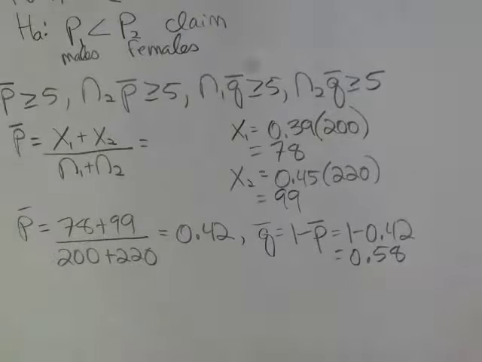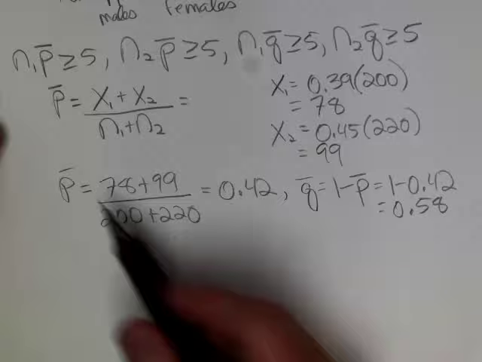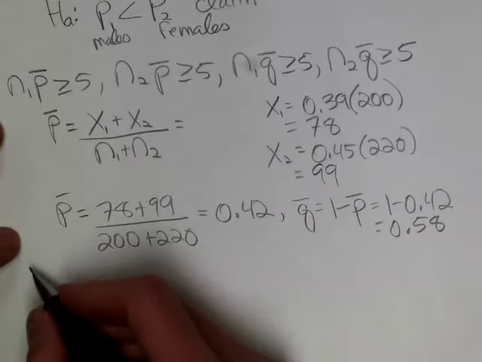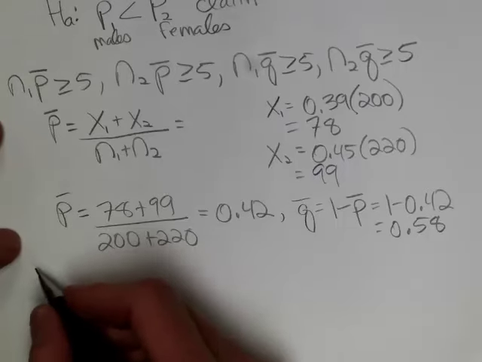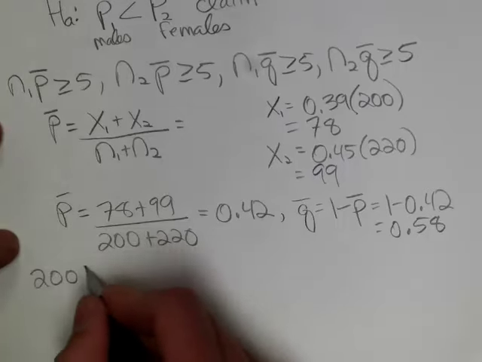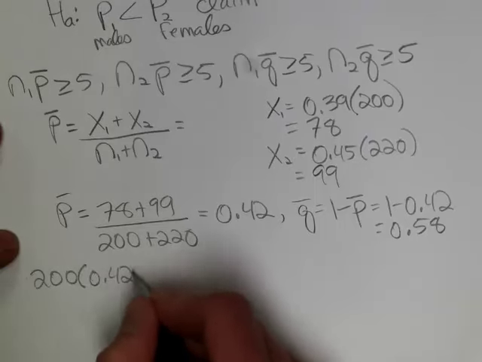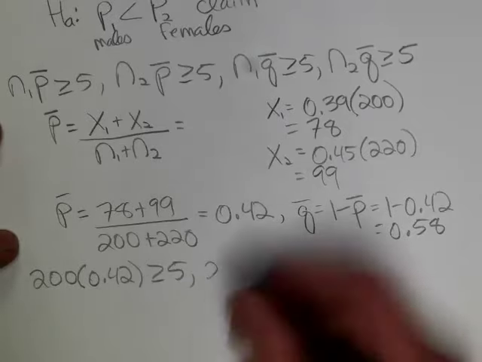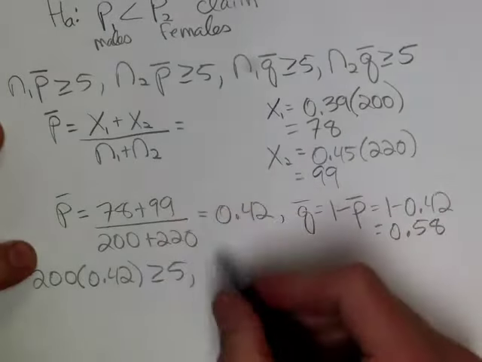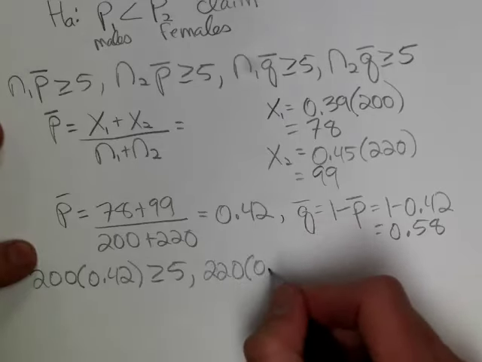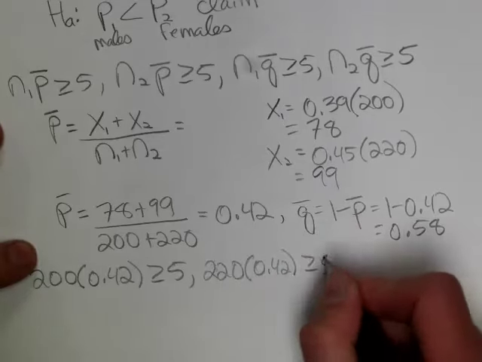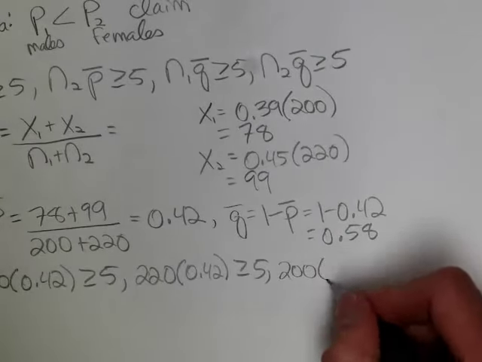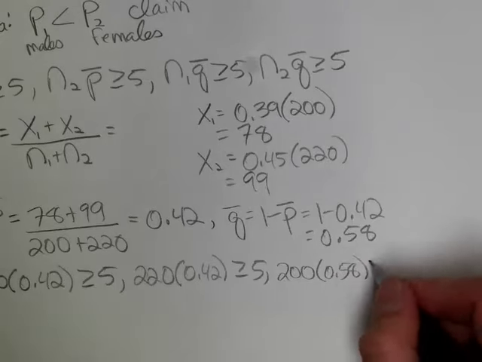So going back to checking the assumptions, I'm going to just real quickly check all 4 of these. My sample size n1 was 200, so 200 times 0.42. I need to check if that's at least 5. 220 times 0.42, is that at least 5? 200 times 0.58, is that at least 5?